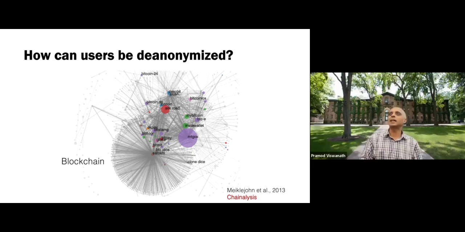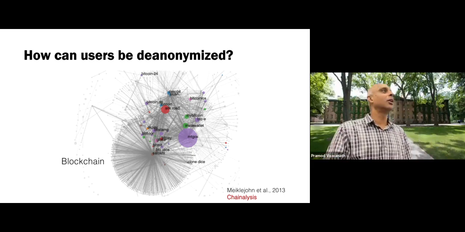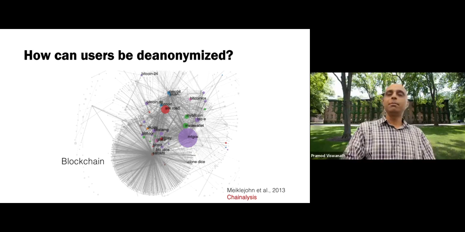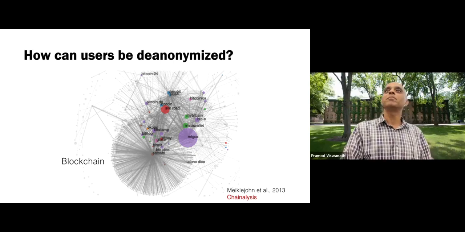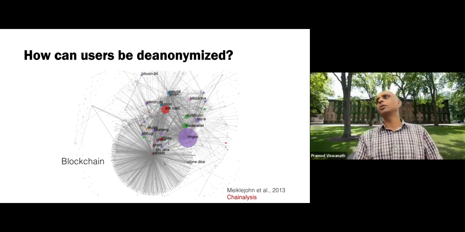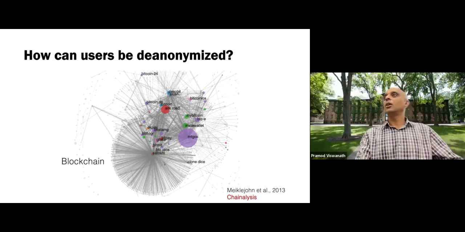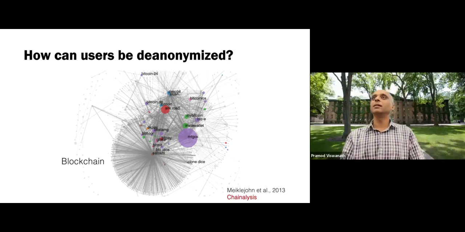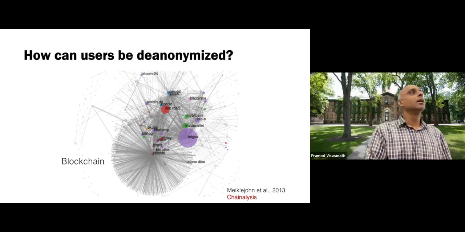There's an entire company called Chainalysis doing huge amounts of business, dying to de-anonymize transactions based on such interactions. And having, of course, wallets on major exchanges is also a sure way of helping this de-anonymization.